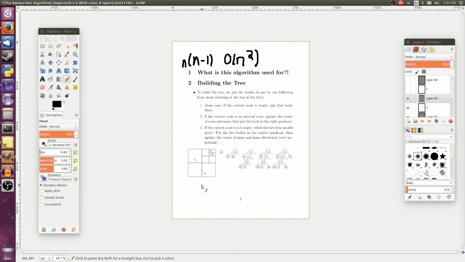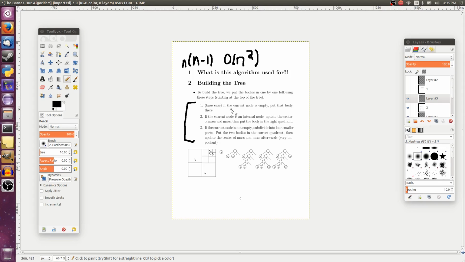And to build this tree, just like any other tree building algorithm, we're going to put our nodes in one at a time. Well, I should say bodies. We're going to put our bodies or particles in one at a time, and we're going to do it based on this recursive algorithm right here.